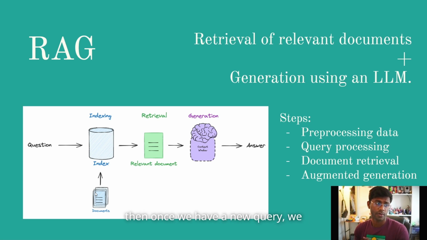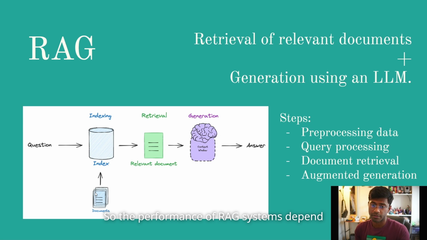And then once we have a new query, we generate an embedding for the query itself, and then we try to match the top n documents that are most likely to have the relevant content that is required to answer this query. So again, it's like a similarity matching. There's this retrieval stage, and then the final generation stage.